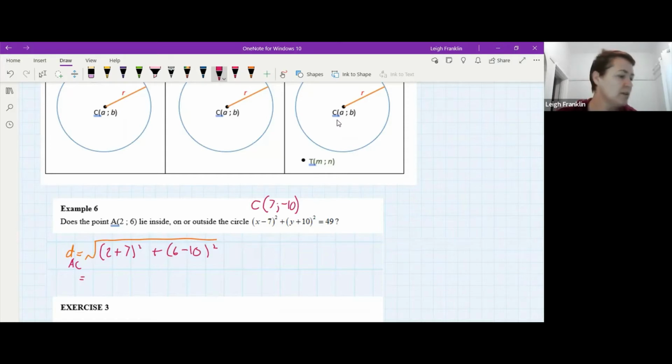Then you would pop that into your calculator and work it out. What are you getting? See, I made a mistake when I did this.